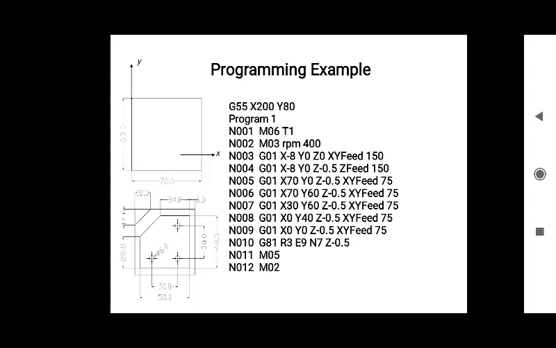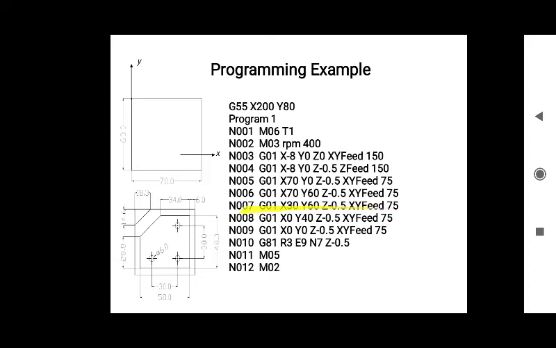Now our cutter position is over here, that is x30 y60. Now we are going to cut the inclination. Here it is x30 y70, and now our cutter moves to x0 y40.